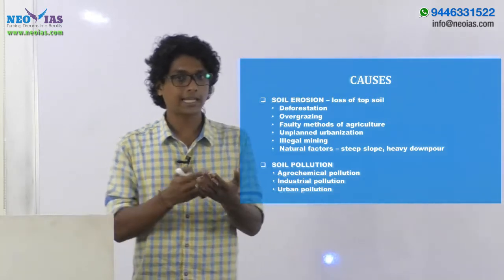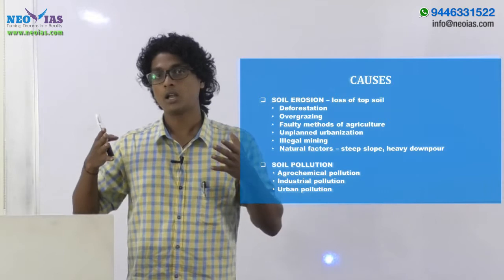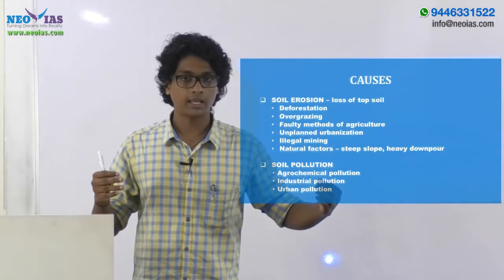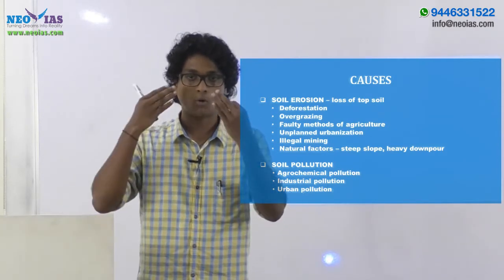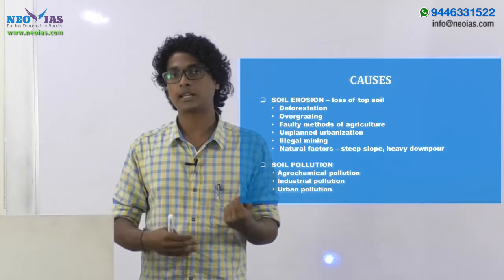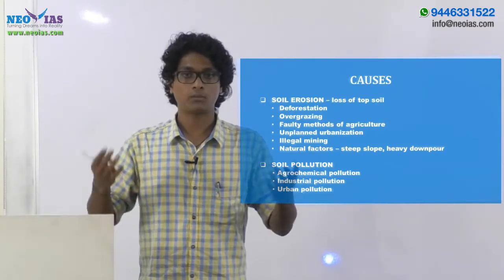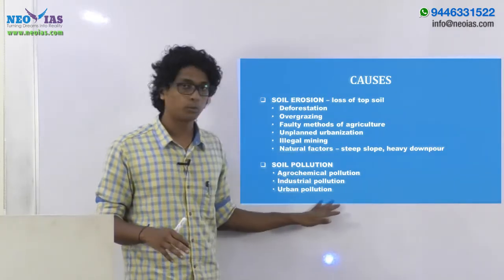Industrial pollution is related to improper solid waste management. If we are not disposing of solid waste properly, especially from industries, like electronic waste or direct industrial waste and water effluents, it will contaminate the soil, so that our agricultural productivity comes down, or it will result in soil degradation. The same goes for urban pollution.